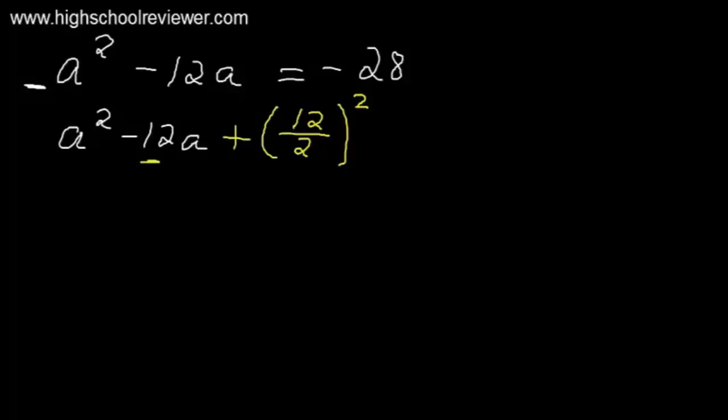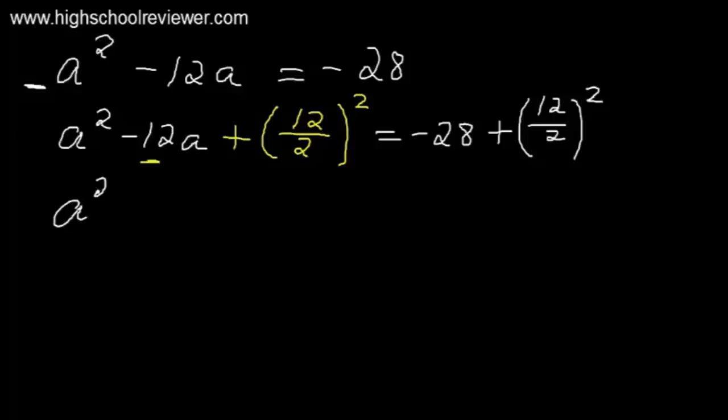Now remember, whatever is added on the left side must also be added on the right side, so as not to change the equation. So this will also be plus 12 divided by 2 raised to the power of 2. a squared minus 12a plus 12 divided by 2 is 6 raised to the power of 2.